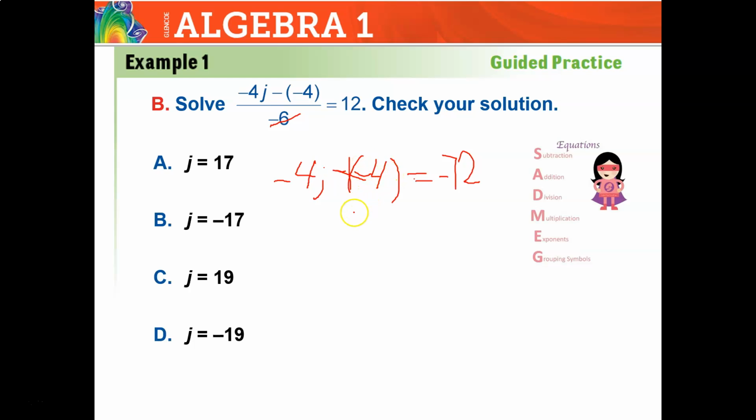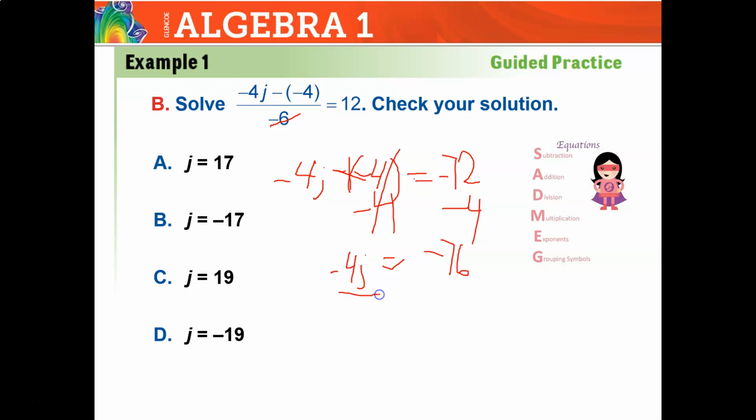So what's the opposite of plus 4? We're going to subtract 4 from both sides. That cancels out. We have negative 4j equals, what's negative 72 minus 4 more? Negative 76.